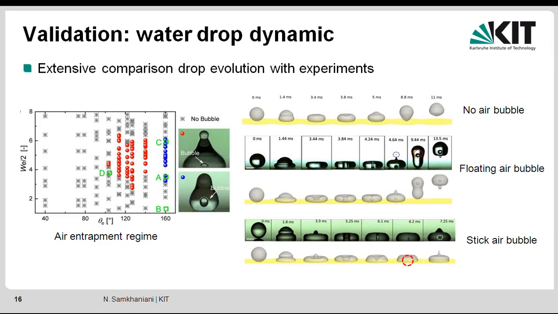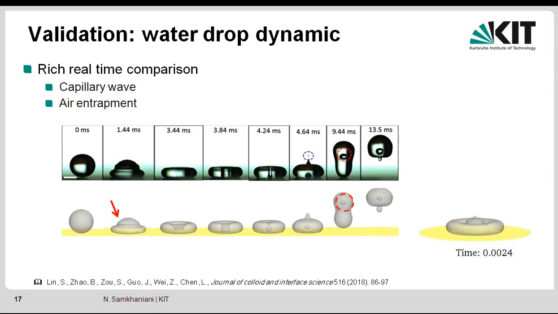As you can see, we have different regimes: no air bubble, floating air bubble, and stuck air bubble, and all of them can be captured with our numerical simulations. Here you can see a drop impact. As you can see, all details are captured accurately. We can get the capillary wave, also the air entrapment, air floating, and everything can be captured with the solver.